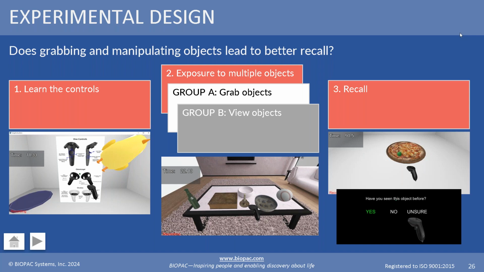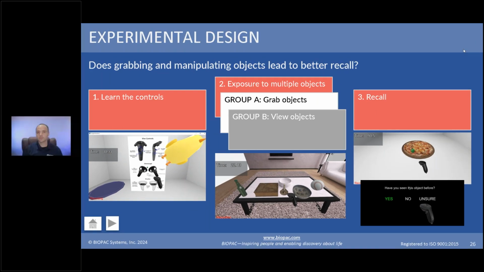Just enable my camera for a second. So like here are the controllers, right? So what to do with them? What to do with the various buttons? So in the first part, you get familiar with it. So then they can actually run the experiment.